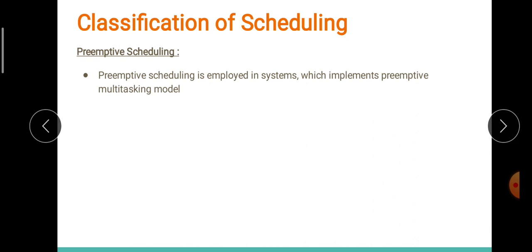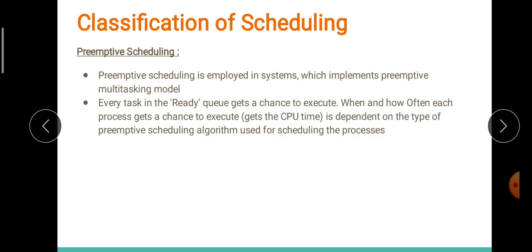In this kind of scheduling, all the tasks that we have to perform are in the ready queue. All my tasks 1, 2 and 3 are in the ready queue, and all these tasks will get a chance to execute. How and when they get the chance to execute depends upon our algorithm.